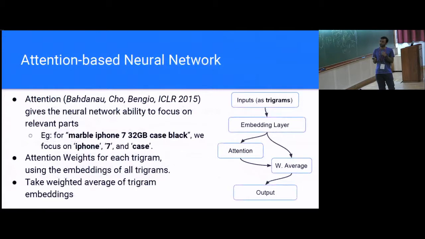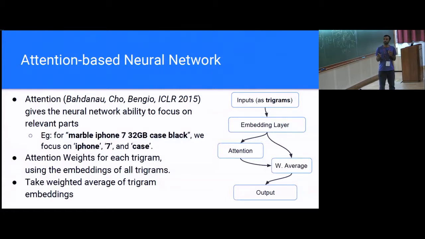So I'll talk a little more about the model. The whole idea of attention is that it will allow you to focus on the parts of the queries that are relevant. So for example, if your query is marble iPhone 7 32 GB case black, then you're actually looking for an iPhone 7 case, and the other things are not as relevant.